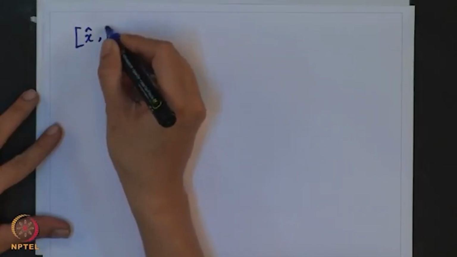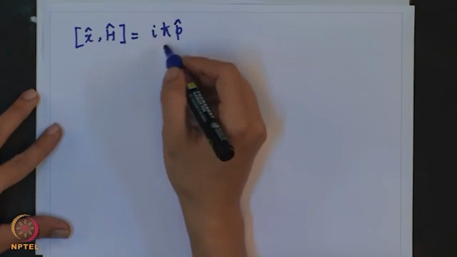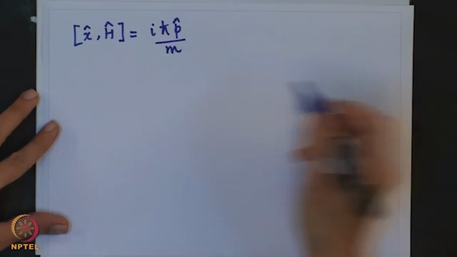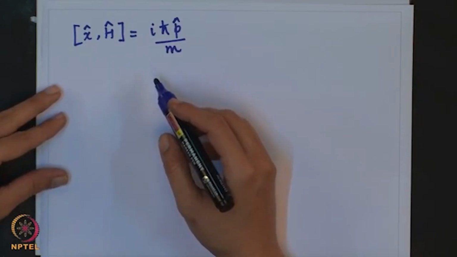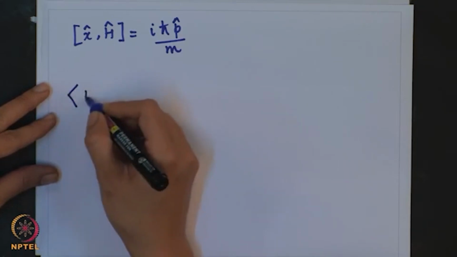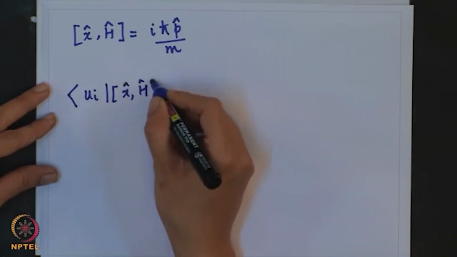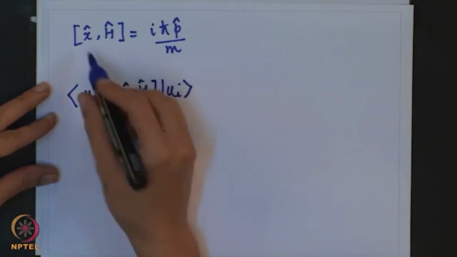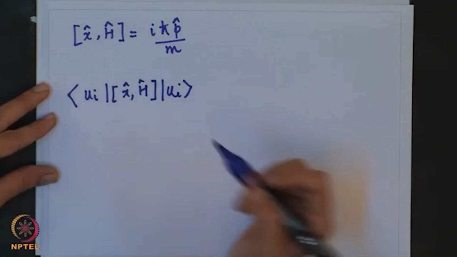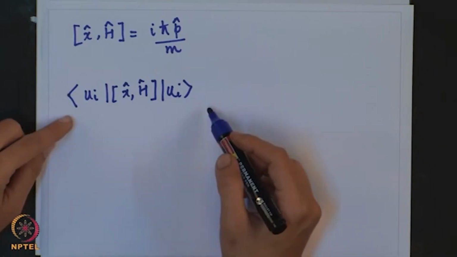Let us continue with this. What we have obtained here, let me rewrite the last step which we obtained: i h cross p hat upon m. This is what we obtain. Now, we have already calculated in the previous example the commutator between x and h, between the bra u_i and the ket u_i.